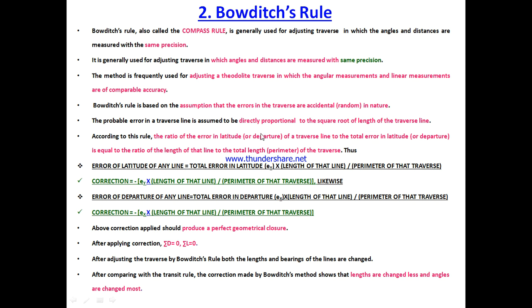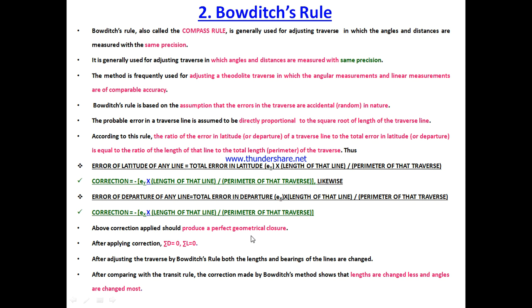Now the probable error in a traverse line is assumed to be directly proportional to the square root of the length of the traverse line and inversely proportional to the angle or bearing of the traverse line. It means for angular measurement, the probable error in the traverse is said to be inversely proportional, while for the linear measurement, the probable error in a traverse line by the Bowditch rule is said to be directly proportional.